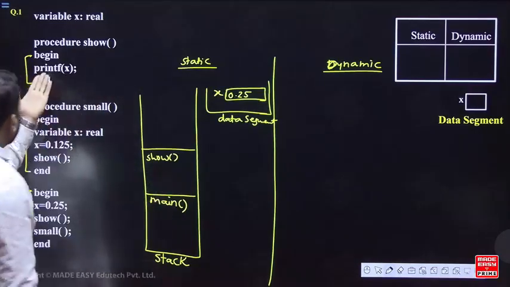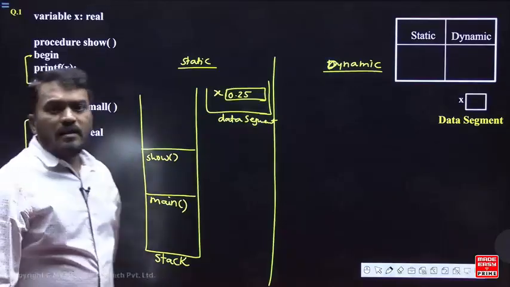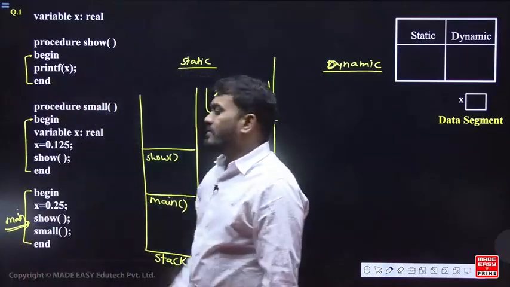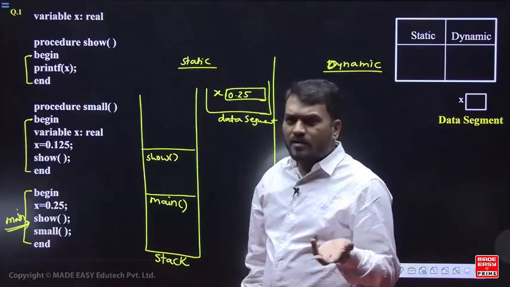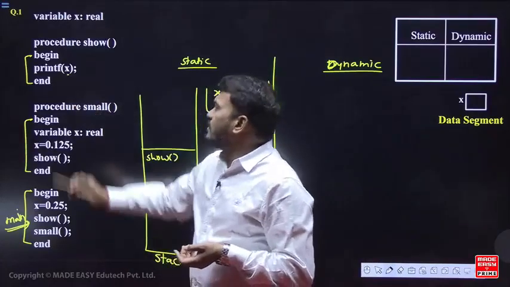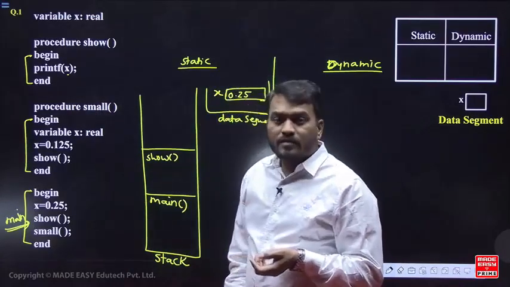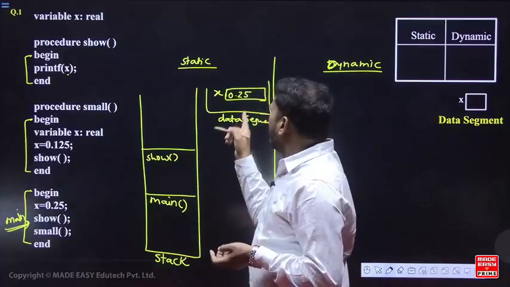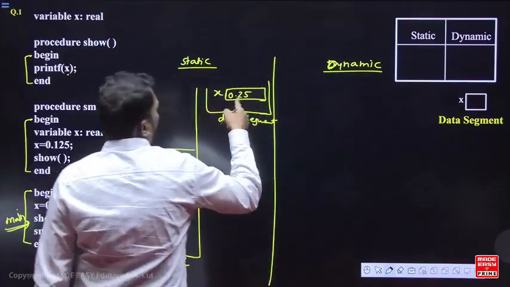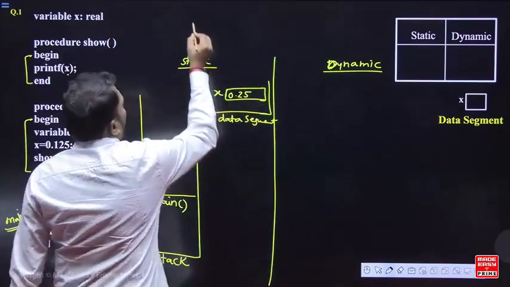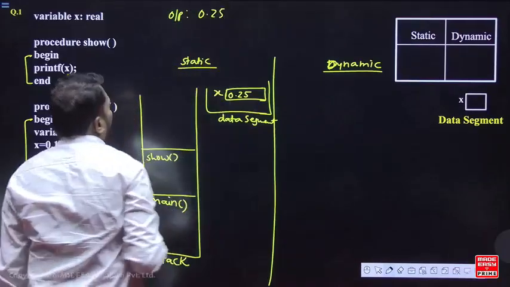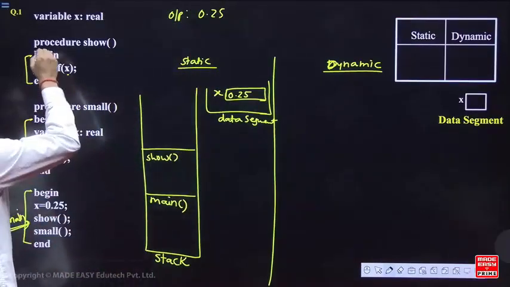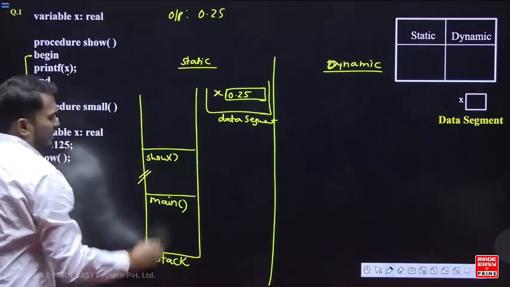No, x is just a free variable because it is not declared in the function but used in it. For a free variable under static scoping, which one do you consider? Global. What is the value in global? 0.25. So the first output printed is 0.25. Next the show function is completed, so it is deleted from the stack.